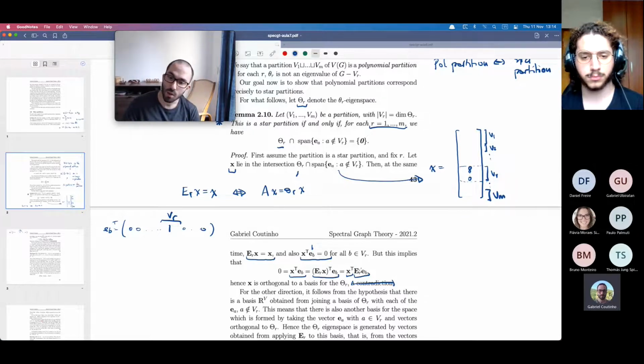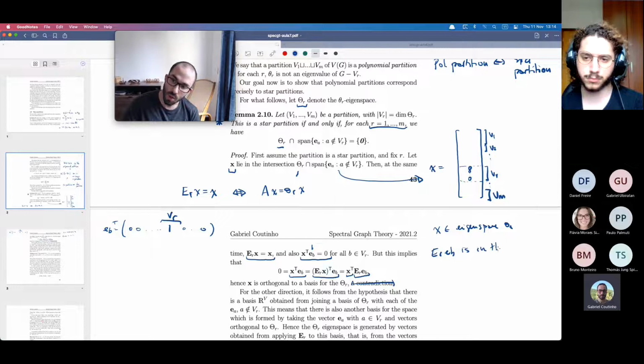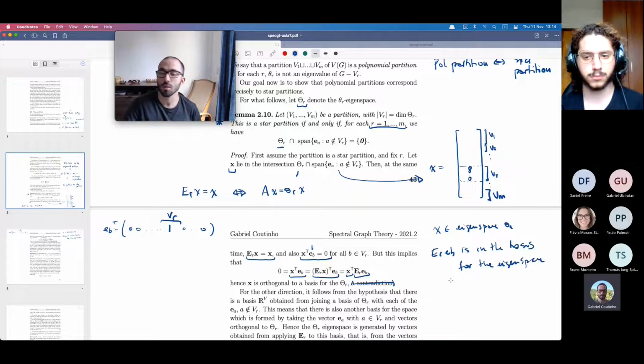Well, x belongs to the eigenspace, the theta_r eigenspace, and E_r times e_b is in the basis for the eigenspace. So this does not allow x to be non-zero, because if x is non-zero, there is clearly a contradiction here.